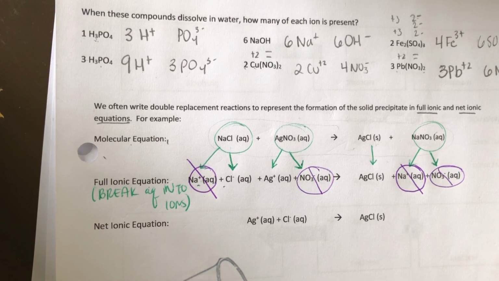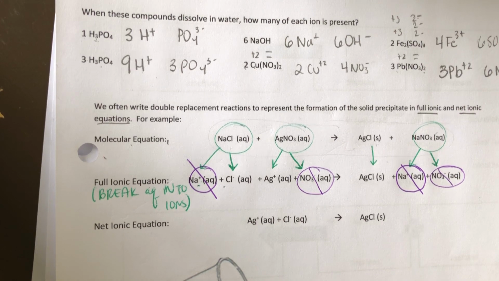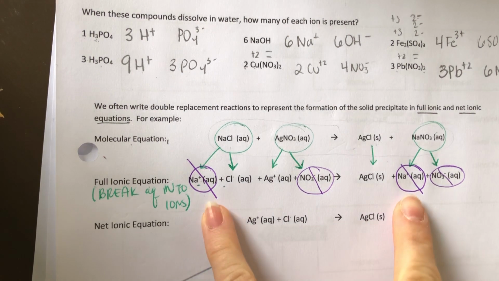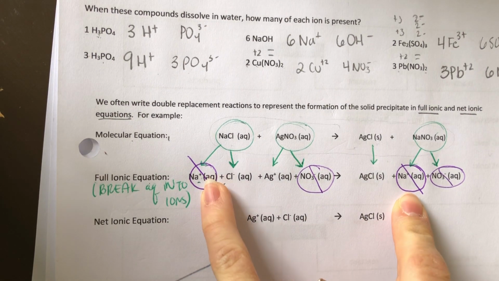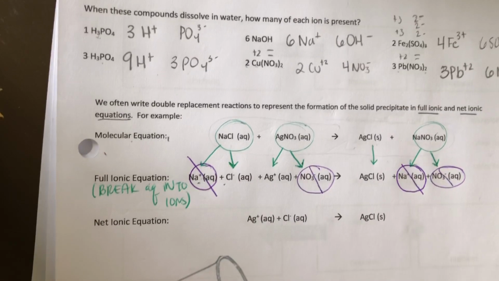Can you imagine, like in sports, what those people are called when they just watch the sport? They don't actually participate. We call those spectators. And in these reactions, these ions are just looking at the reaction. They're not really reacting themselves. So we call these spectator ions.